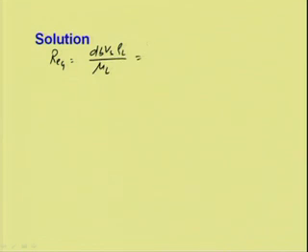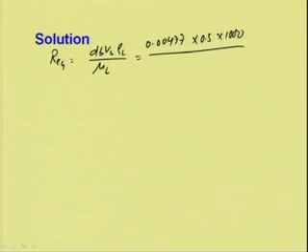So, using the data for dB, 0.00477 into 0.5 into 1000 divided by 10 to the power minus 3, which will give you 2385.